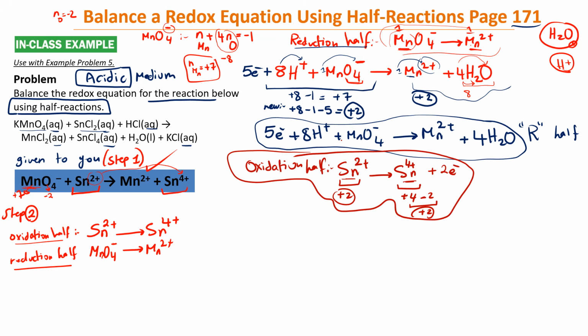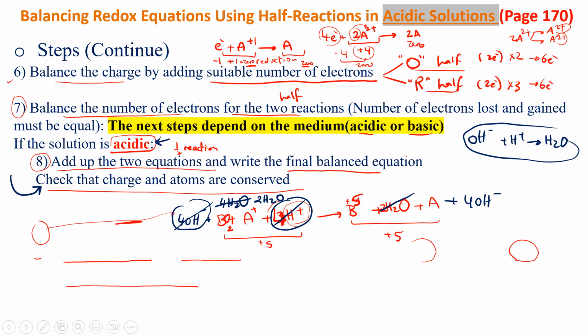So now when you are here, you go to step number 7. Of course, double check that everything is good. 1 Mn, 1 Mn, 8 H, 8 H, 4 O, 4 O. Charges are good. Charges are good here as well. If you go to the next step, balance the number of electrons for the two half reactions.